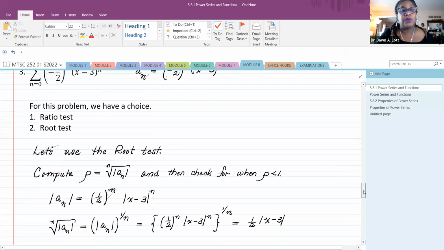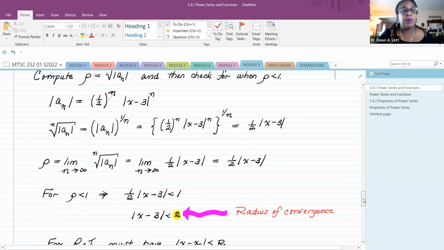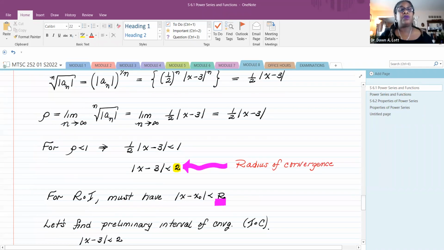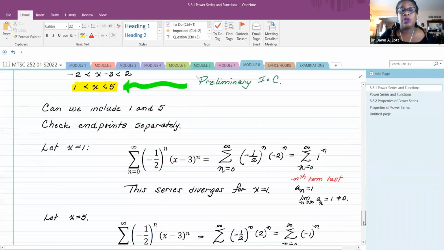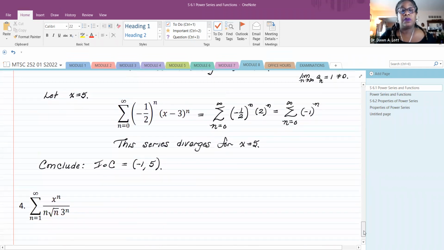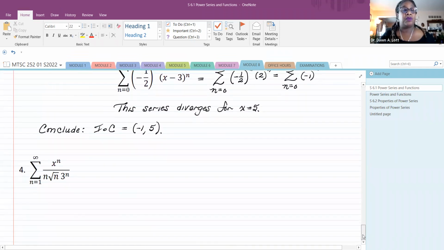So we could use 1 over n. And we were able to show that the absolute value of x minus 3 is less than 2. So that was our radius of convergence. And then we found a preliminary interval of convergence where we weren't including 1 and 5. And then we went and checked and showed to ourselves we could not include 1 and 5. And so that was our interval.